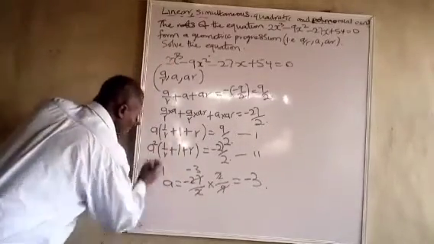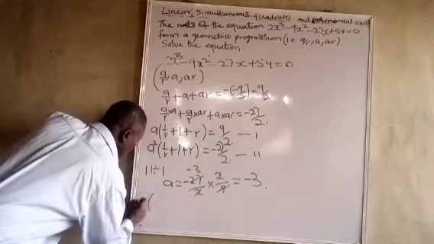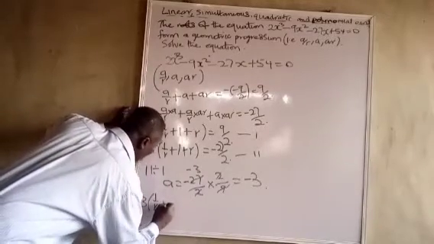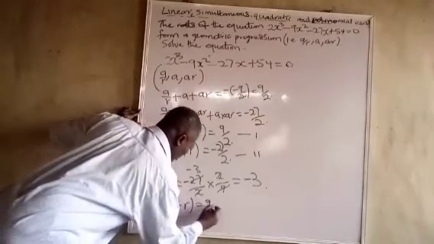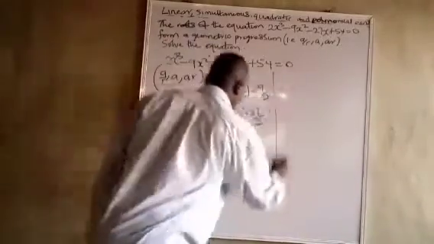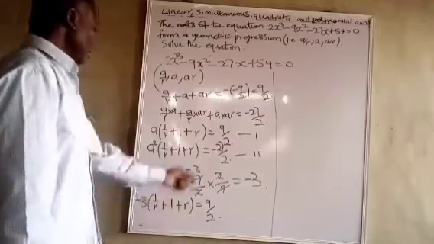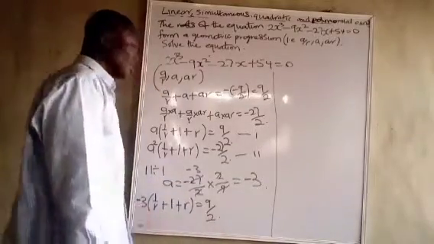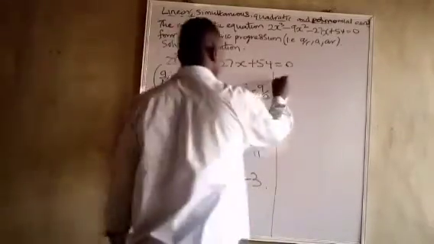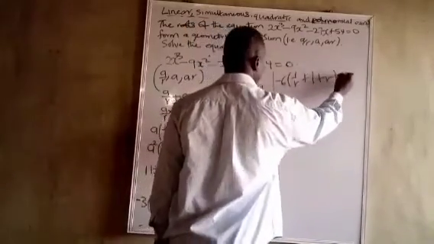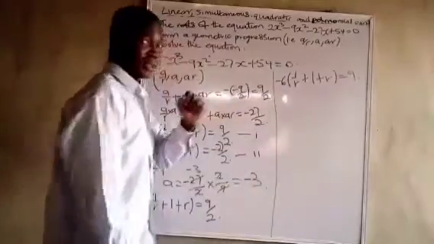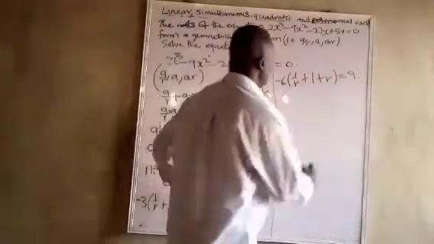So from here, minus 3 into 1 over r plus 1 plus r is equal to 9 over 2. Now I multiply both sides by 2. So I have minus 6 into 1 over r plus 1 plus r equals 9. Then I multiply by r.